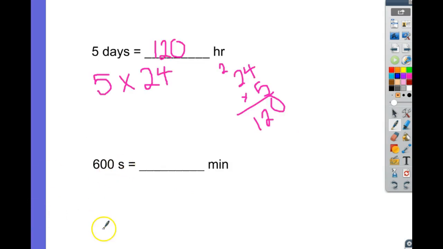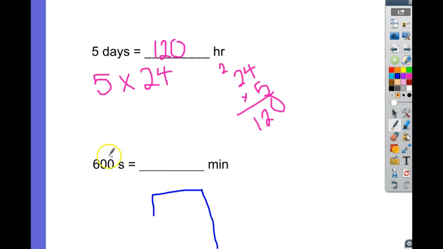Now, what I'm going to show you is this. What you can do is go ahead and put your little division symbol, you know what I'm talking about.